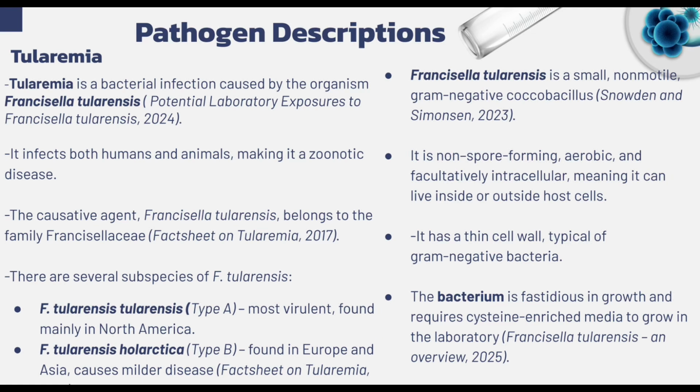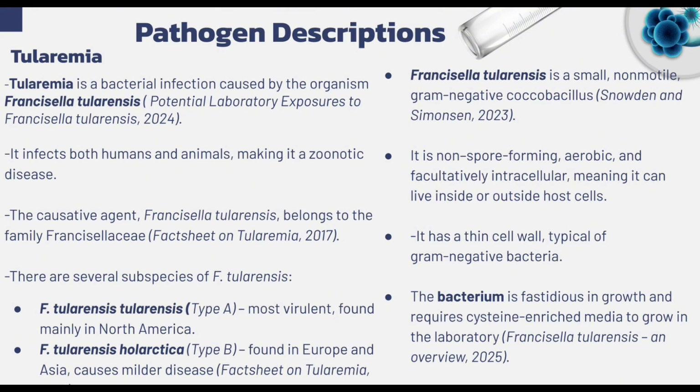The first is F. tularensis tularensis, which is type A and the most virulent, found mainly in North America. The other subspecies is F. tularensis holarctica, which is type B, found in Europe and Asia, and it causes milder disease.